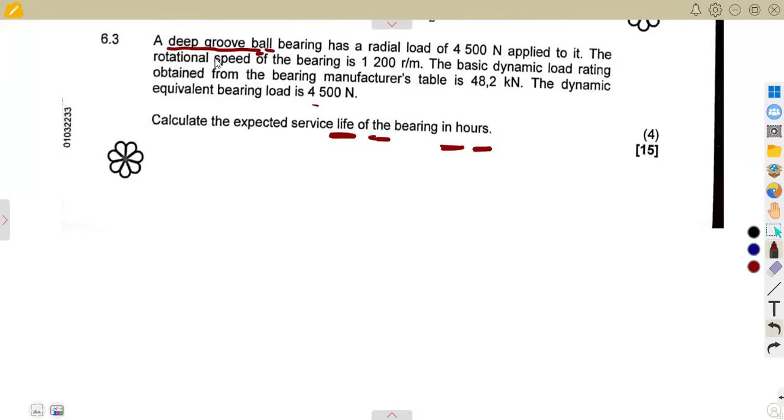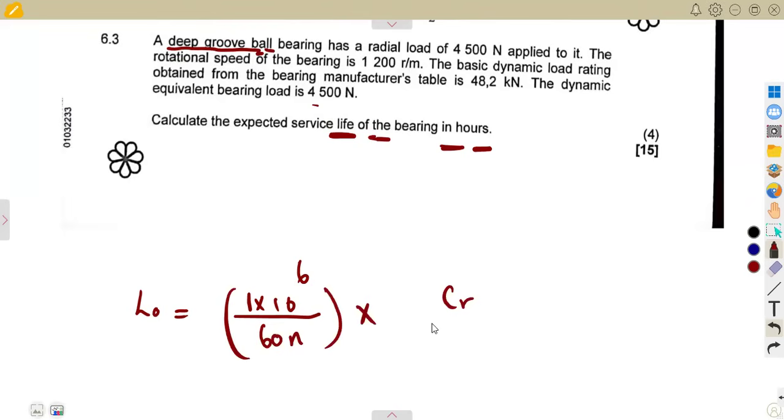So take note, this one is a deep groove. So it follows that from the formula you calculate the expected life, which is 1 times 10 to the power 6 over 60 times n, which is our speed in revolutions per minute, times CR, our basic dynamic load, over PR, the equivalent dynamic load, to the exponent p.